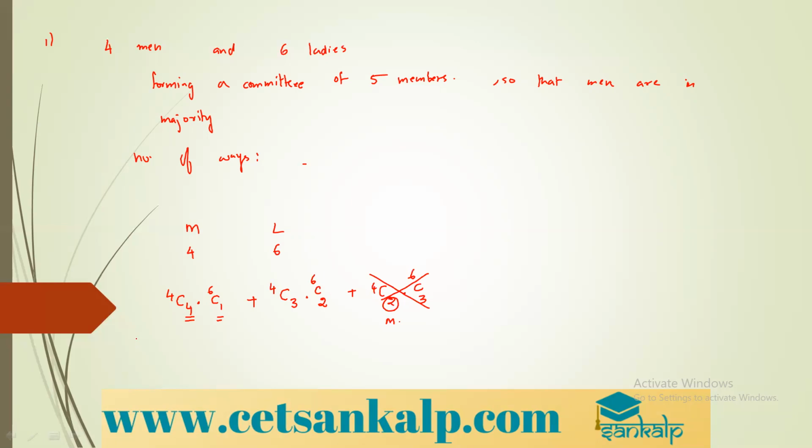Now, 4C4 is 1. 6C1 is 6. So 1 into 6 plus 4C3. 4C3 can be written as 4C1, and 4C1 is 4. 6C2 is 6 into 5 by 2 factorial, that is 15, so 4 into 15 is 60.